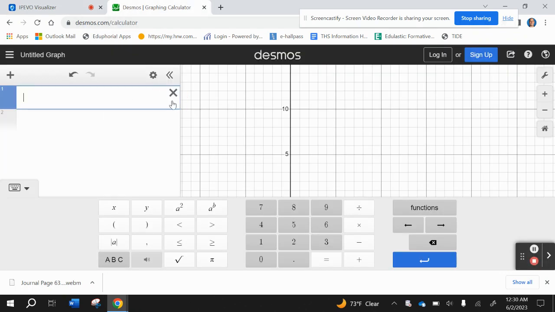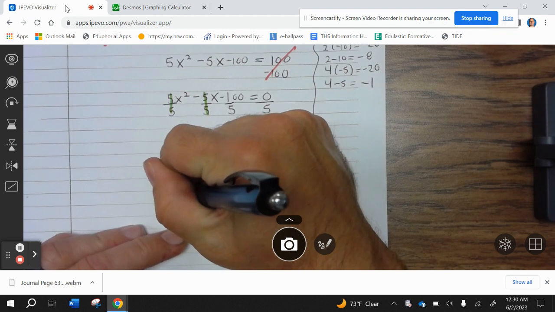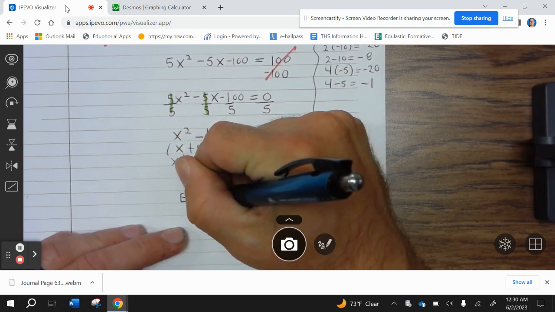So now let's check. Plug that in. So log of 5 times negative 4 times negative 4, undefined. Automatically, we know that this is an extraneous solution.